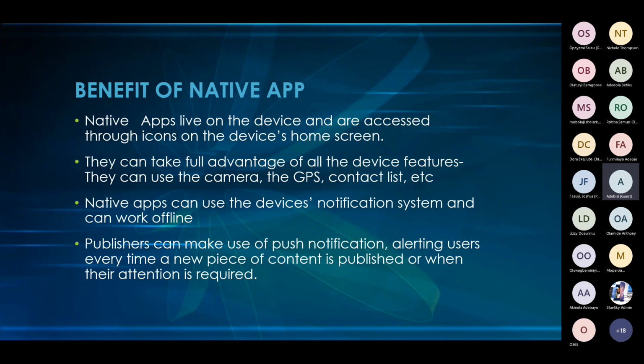The notification system will always prompt the app to notify you on your phone. So anytime there is an update, you get a notification, because your device already has that. And native apps can work offline wherever you are. If you don't have internet, you can start watching anything on your downloaded app.